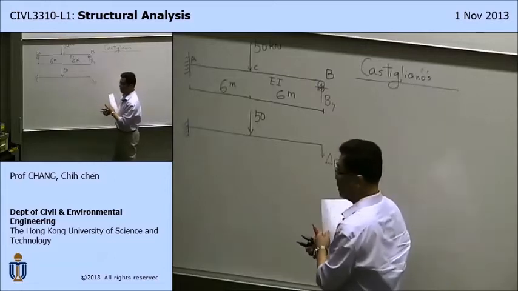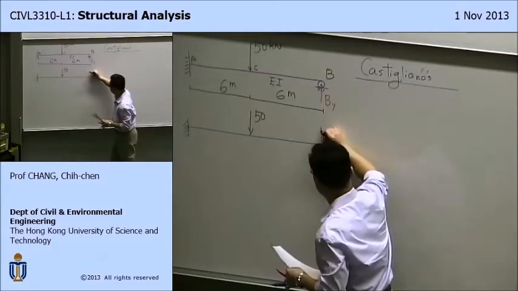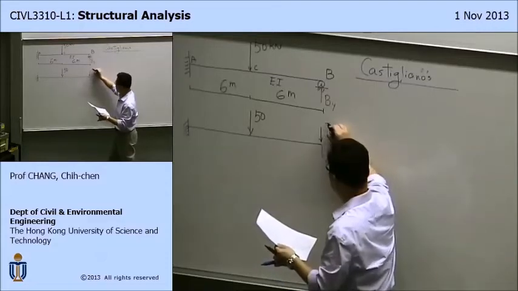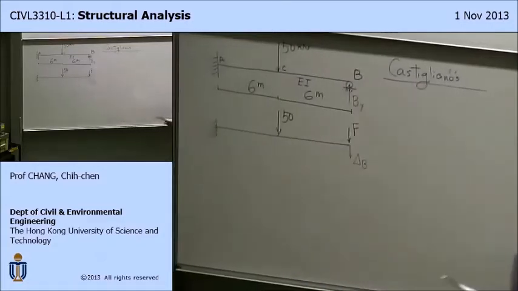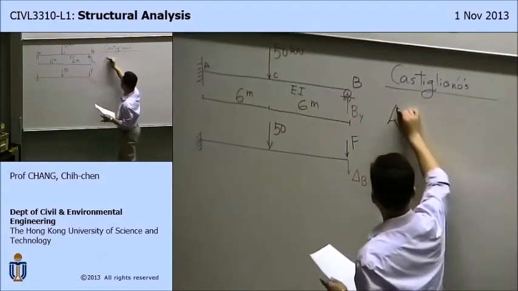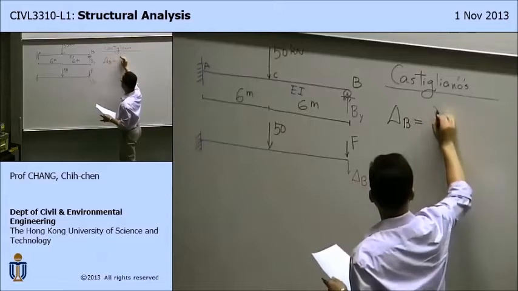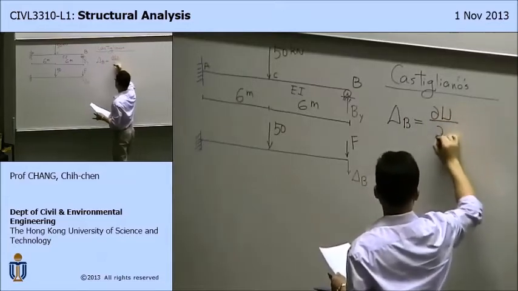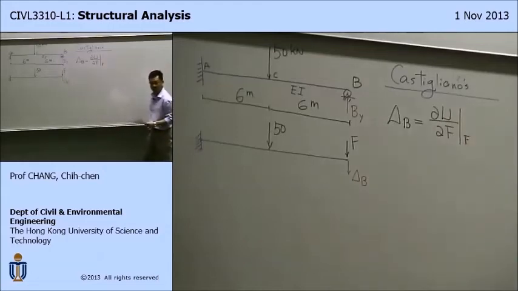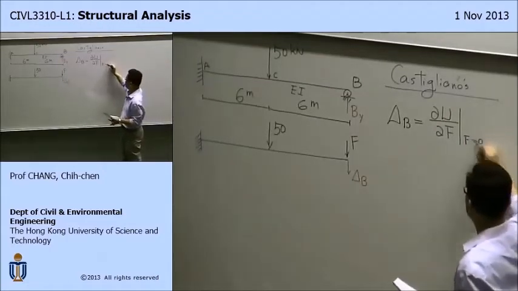I need to put a corresponding force there. I call it F. So Delta B is ∂U/∂F. And after I have taken the derivative, I set the force equal to 0.